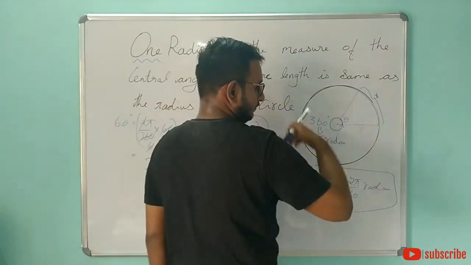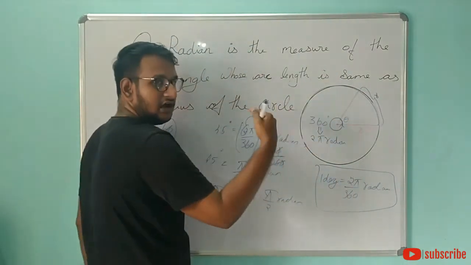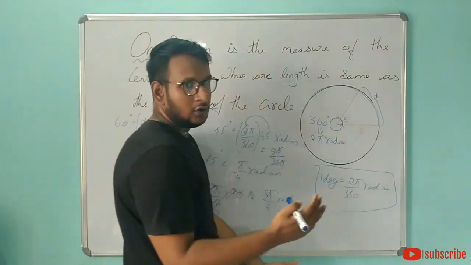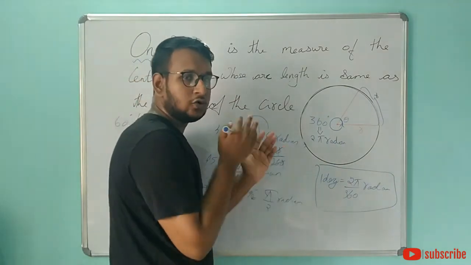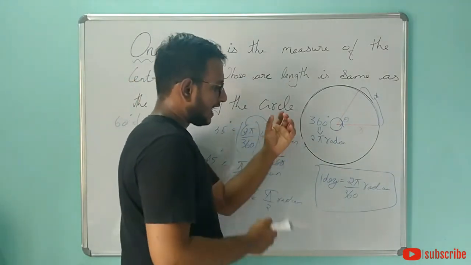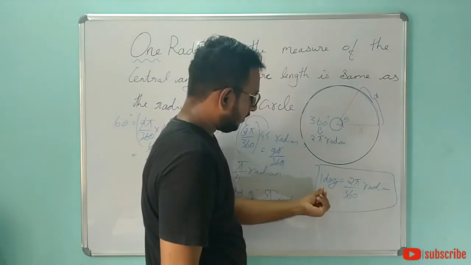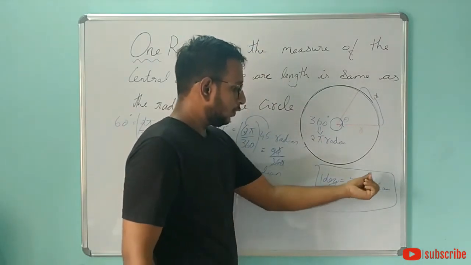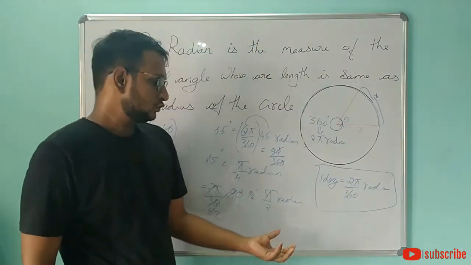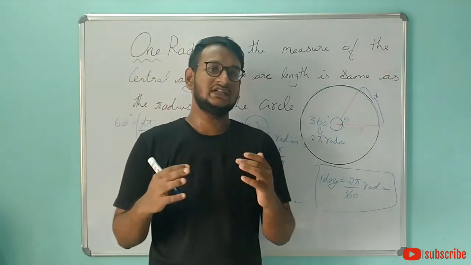For a complete circle the arc length is 2 pi r, so the angle is 2 pi radians. By having that in mind, we got the formula 1 degree is equal to 2 pi by 360 radian. By knowing this, we can solve radians easily.